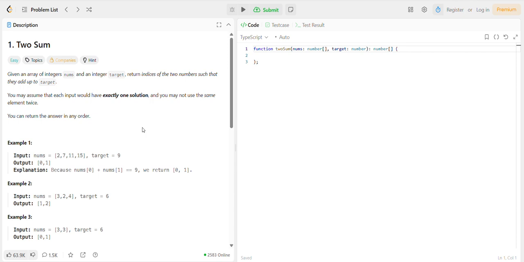Because that tells us that okay, we got x and now we are just looking for the rest, right? And we want to make sure this is a number that we have already seen, because if we have already seen that number and then we got x, then both of these are two different numbers and we can add those up, right? And then that would amount to target. So that's what we're looking for.